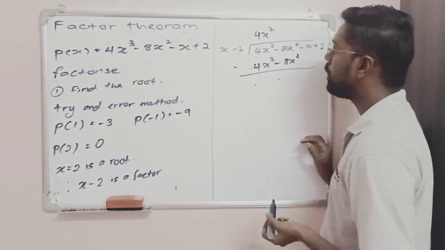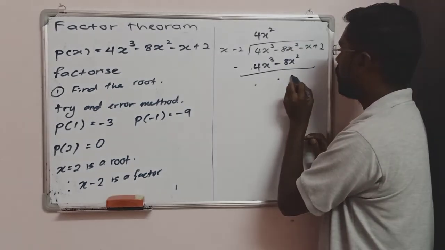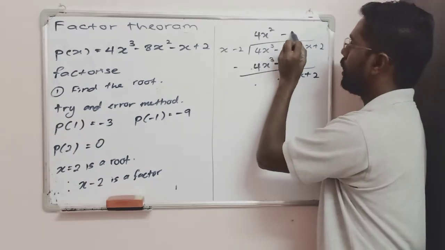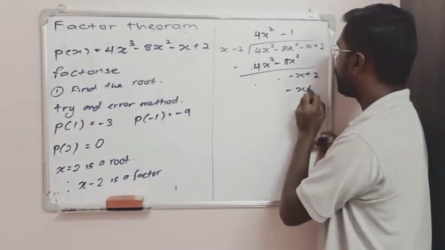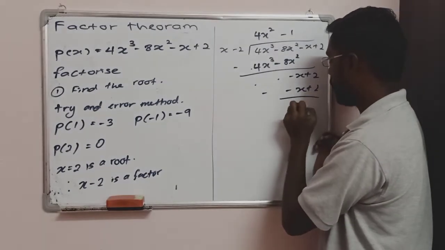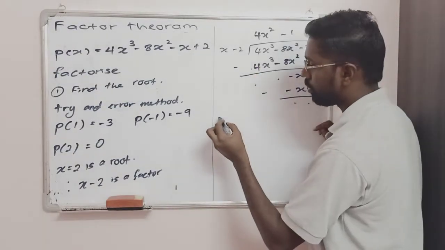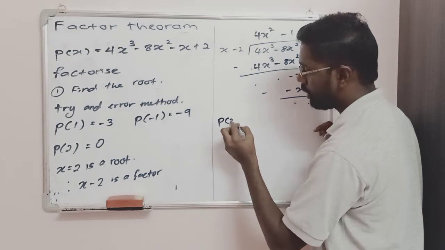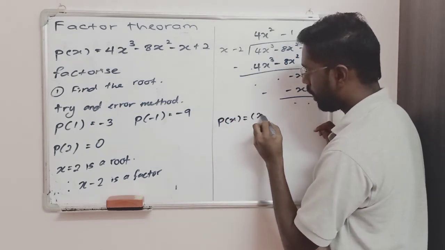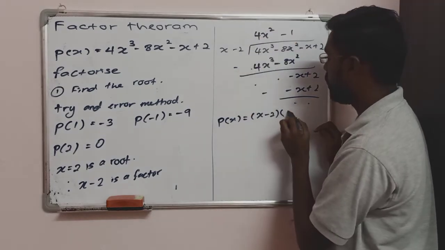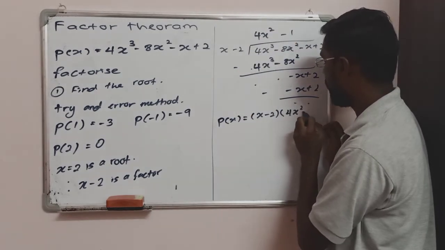So it's eliminated. Then I will get negative x plus 2. So I put minus 1, so negative x plus 2 minus, you get eliminated. Therefore, p(x) is going to be x minus 2, and over here is going to be 4x squared minus 1.